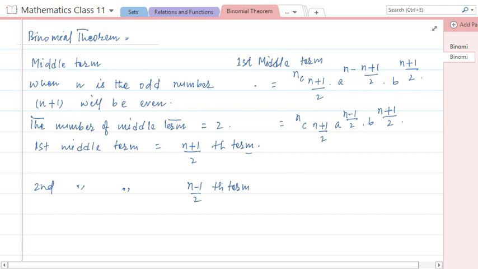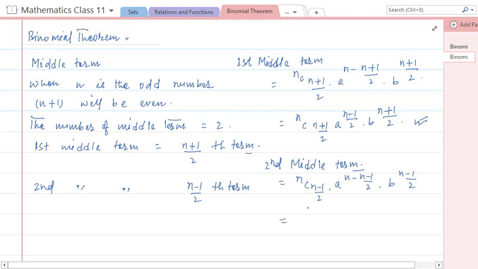Let's see the second middle term. This is the expression of the first middle term, and the expression of the second middle term we write down here: nC(n minus 1)/2 into a^(n minus (n minus 1)/2) into b^((n minus 1)/2).